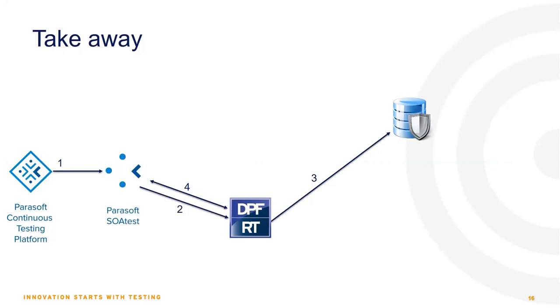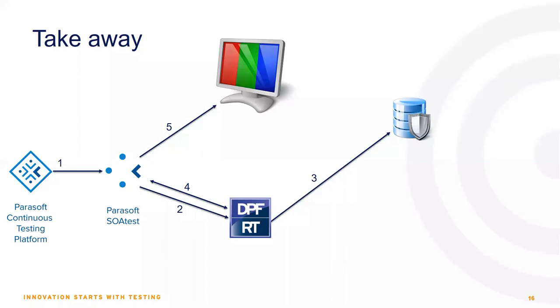Assuming that the script in Runtime runs successfully, we can then start our test from Parasoft SOA test to the system under test. So SOA test starts invoking the application. And in this case, what we did is we didn't copy just the data from production to a subset which we mask and which we have for just SOA test and Runtime, but we actually mask the data from the application which is running in there.